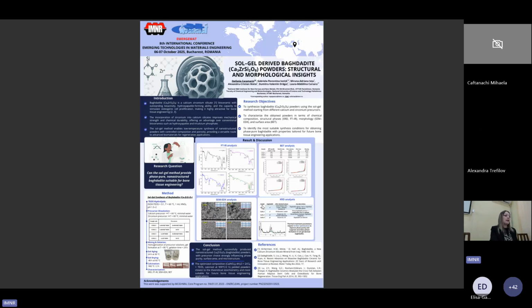And we found that the best combination for obtaining powders closest to the theoretical stoichiometry was the calcium nitrate and the zirconium chloride. But we calcined them only at 900 Celsius degrees. So from the XRD analysis, we found that we have also some secondary phases.